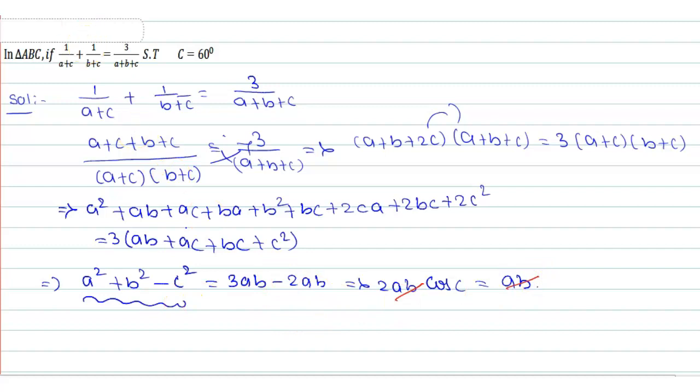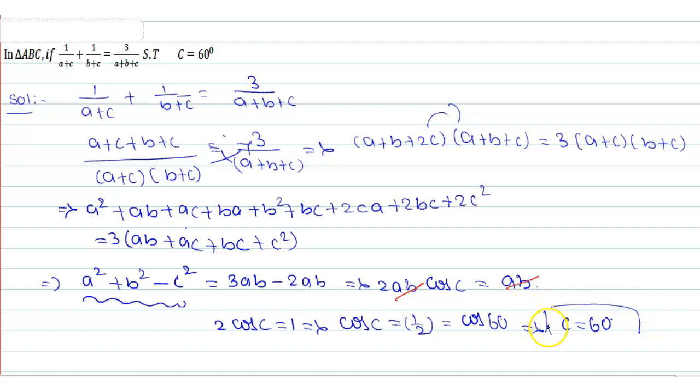Now the leftover value is 2 times cos c equals 1, implies cos c is equal to 1 by 2. In terms of cos angle, 1 by 2 can be written as cos 60. Cancelling cos on both sides, c is equal to 60 degrees. This is only what he is asking to prove. Okay? Right. This question is also most important.